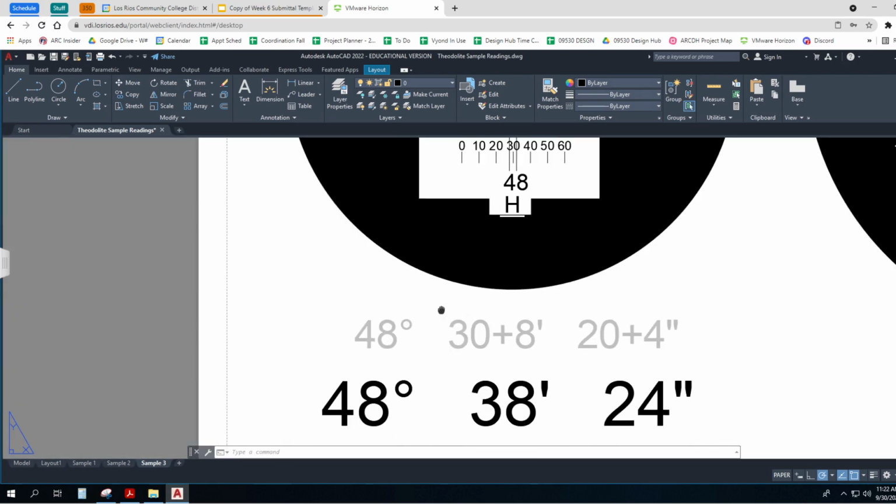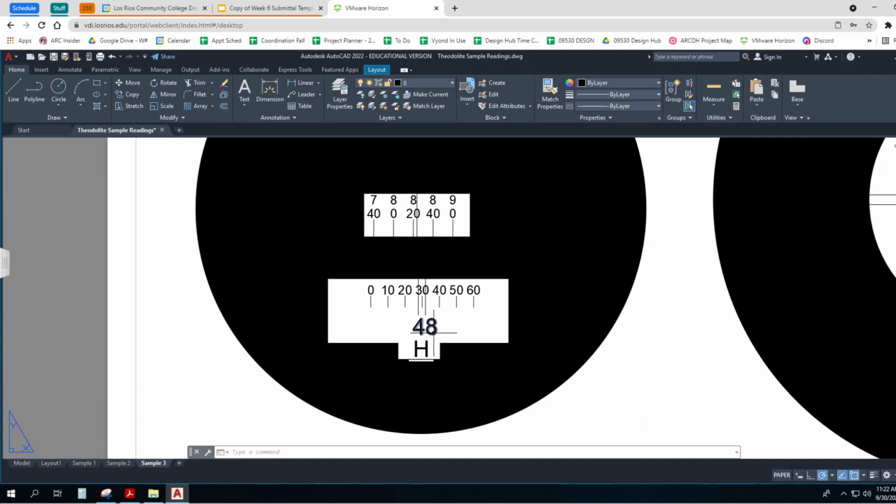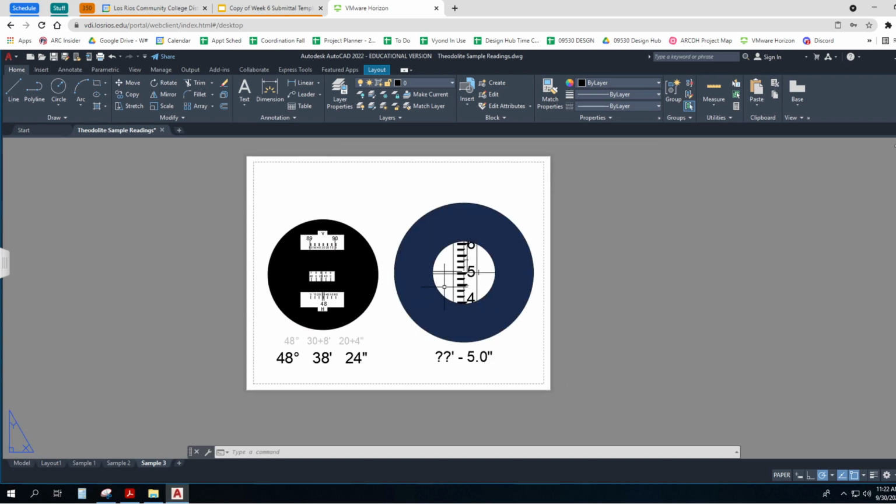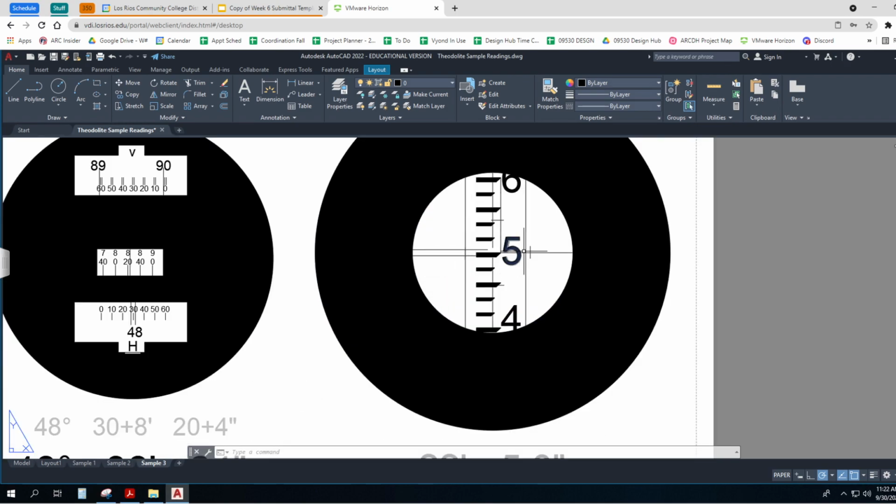Again, you need to look through there and get your azimuth reading, which is the angle in the horizontal plane: degrees, minutes, more refined minutes, seconds, more refined seconds, and rod reading.